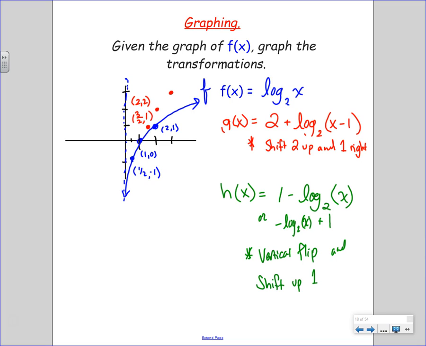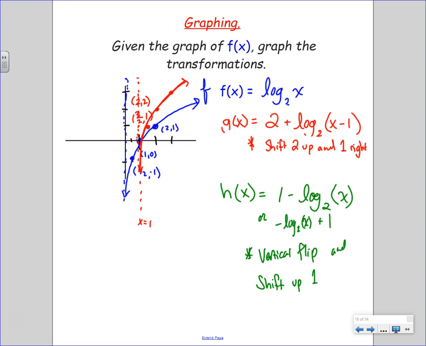But what's one more thing that you should have drawn besides your 3 points? The vertical asymptote. What happened to it? Up 2 doesn't matter. It's infinitely high and low. But where else is it at? Right 1. The vertical asymptote is now at x equals 1. Then swoop there.